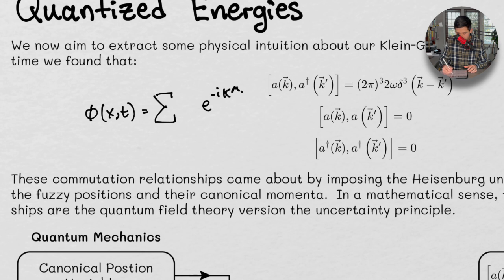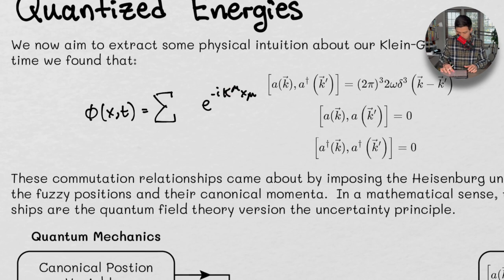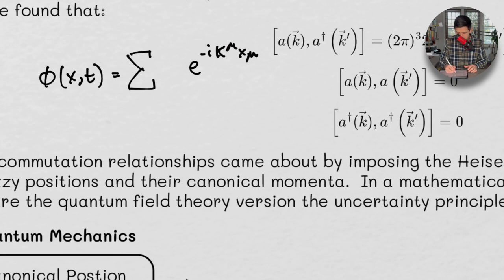k mu x mu. This isn't exactly how it was written out last time. It was a little bit more fleshed out, but these are four vectors, right? Where k mu encompasses the frequency in the temporal dimension, and then the frequency in the x direction, frequency in the y direction, and frequency in the z direction.